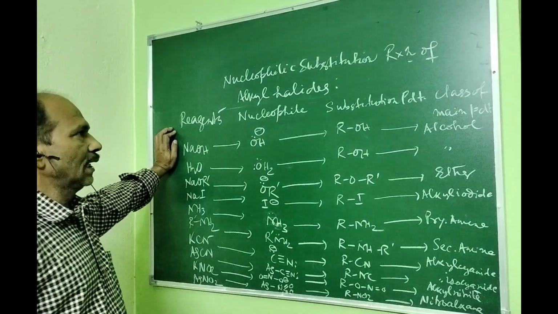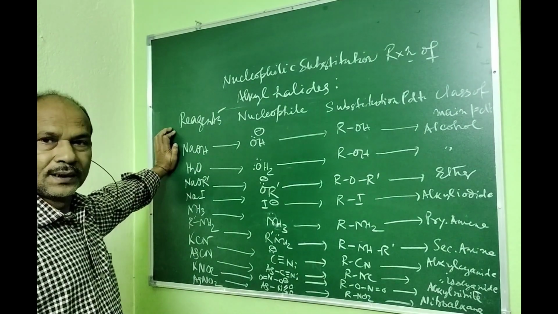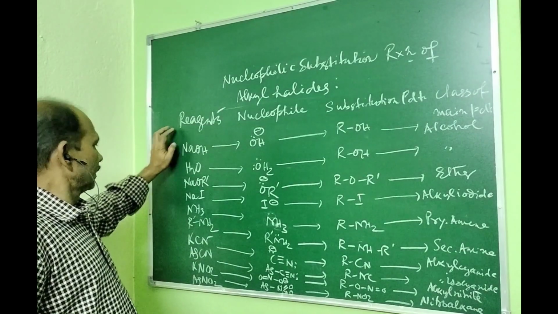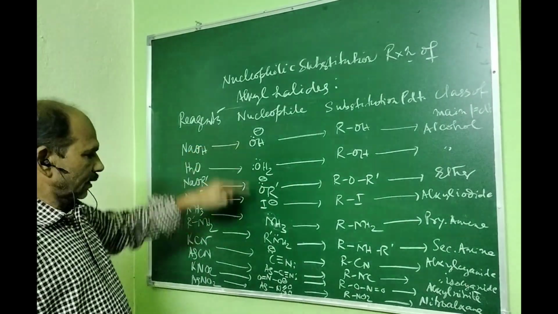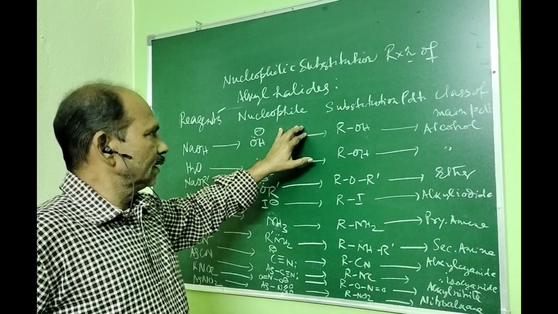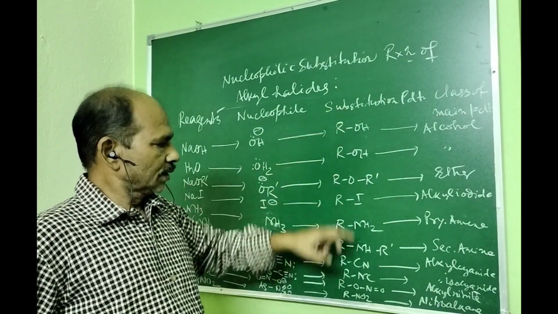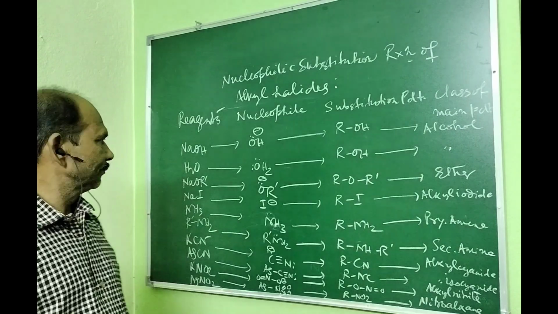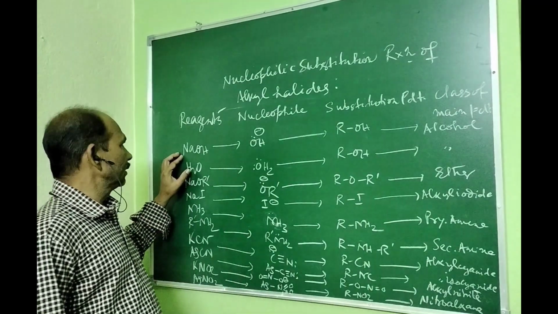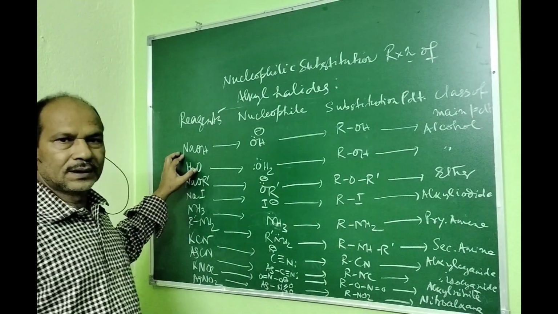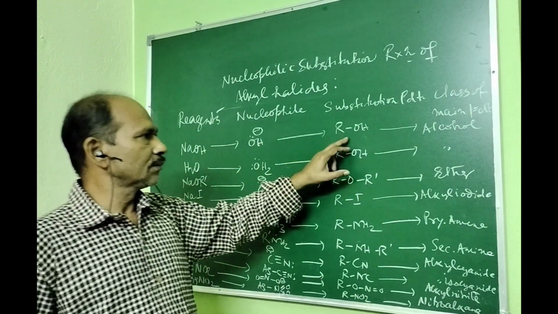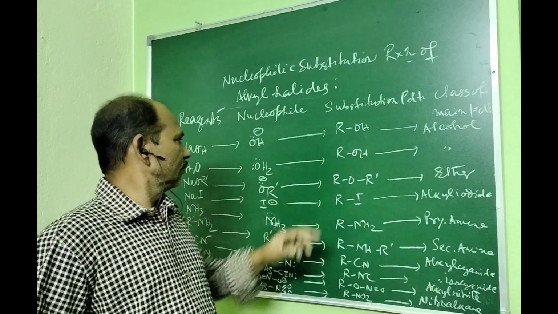When an alkyl halide reacts with a reagent, this is the reagent, these are the nucleophiles from the reagent, and the substitution product, and these are the classes of main products. So when the reagent is NaOH, the nucleophile will be OH minus, and the substitution product will be alcohol.